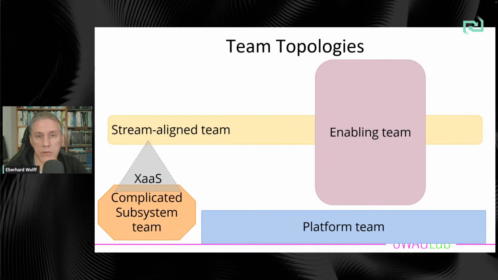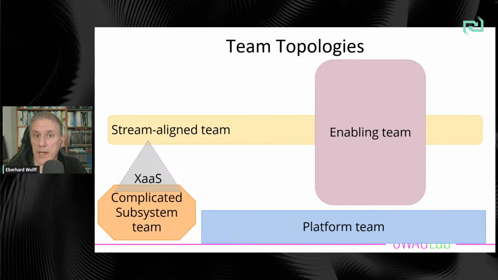So there is X as a service. From the cloud perspective, there are different cloud services, and they all are provided as a service, which means they are either provided through a web interface where you can just click and get a Kubernetes cluster, or they might also be provided with an interface. And for the complicated subsystem team, we will probably provide some kind of programming interface where we provide some methods that could be called, that provide some results.